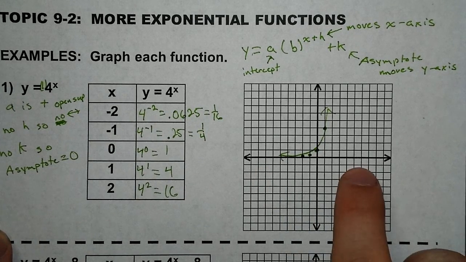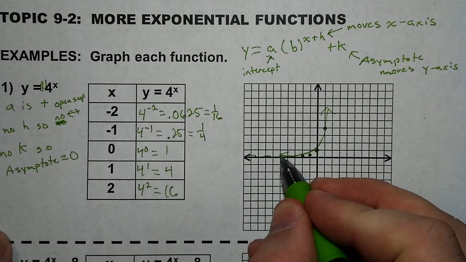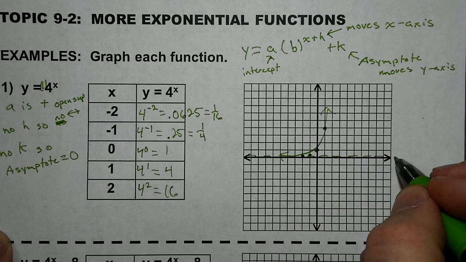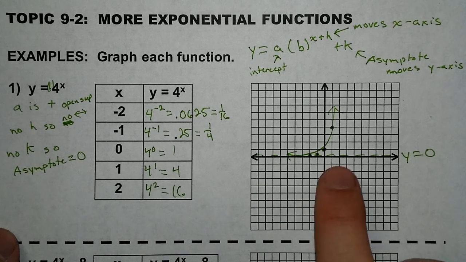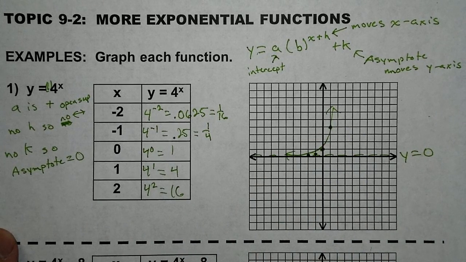So one thing on every single graph I want you to do, put in a dashed line on the asymptote, just kind of put it right there where y equals 0 and label it. Remember, your asymptote is going to be the line that it approaches, but it never crosses. I'm going to stop the video here. We're going to continue on the next one.